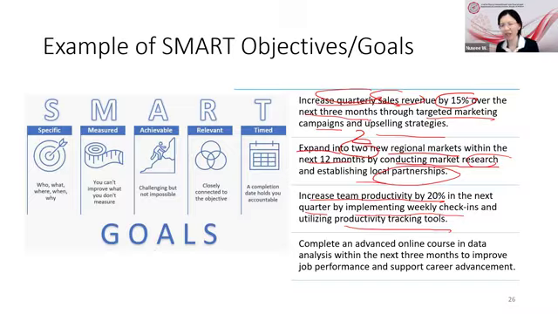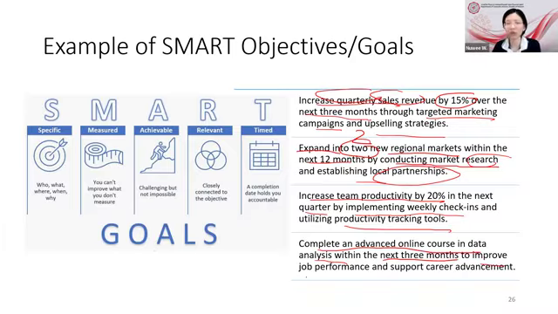If we are in HR, what should our SMART goal be? Okay, if I'm in HR, human resources, right? I need to require all the people in the organization to complete an advanced online course in data analysis within the next 3 months. For what?